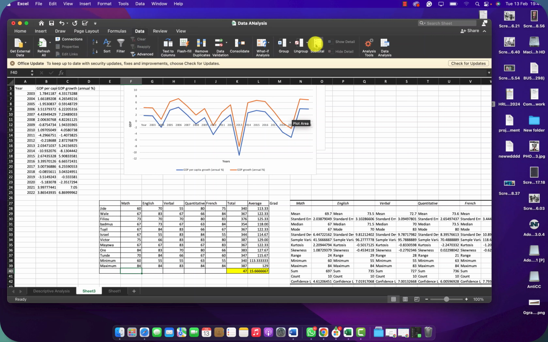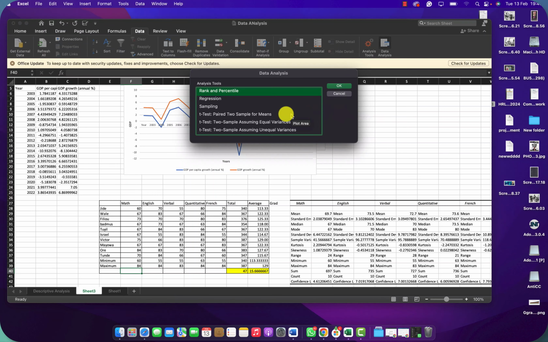So from the data, that's when we're able to bring out our data analysis plugin, from which we are able to run descriptive analysis. For descriptive analysis, this one brings the central tendency and other key values like minimum, maximum, and key variables that we use to describe our central tendency, which is the mean.